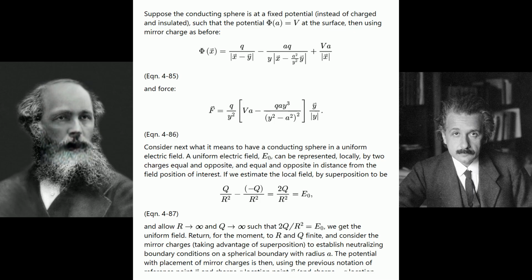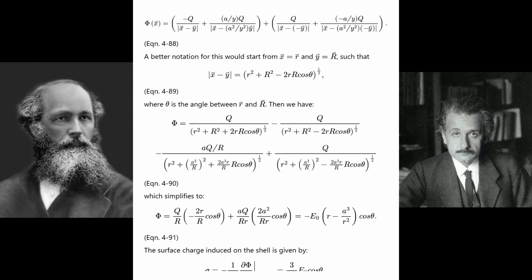Return, for the moment, to r and q finite, and consider the mirror charges, taking advantage of superposition, to establish neutralizing boundary conditions on a spherical boundary with radius a. The potential with placement of mirror charges is then, using the previous notation of reference point x vector and charge q location point y vector, and charge negative q location point negative y vector, equation 4-88.